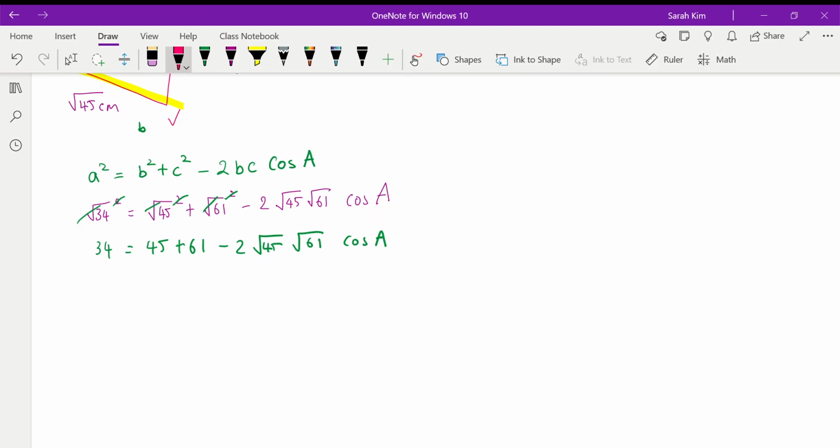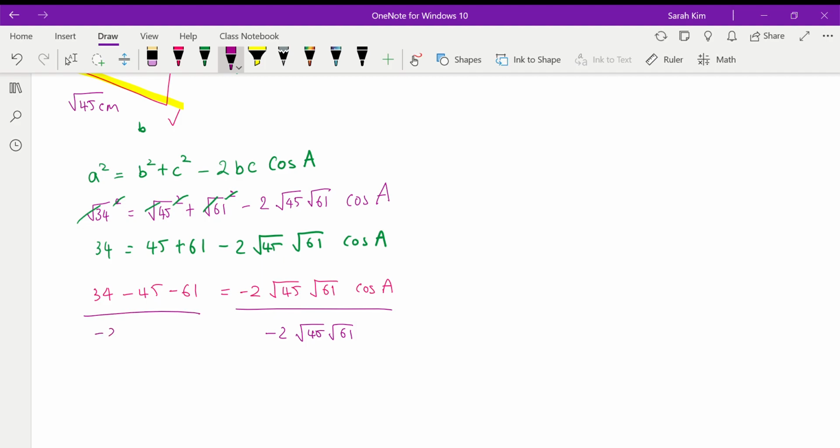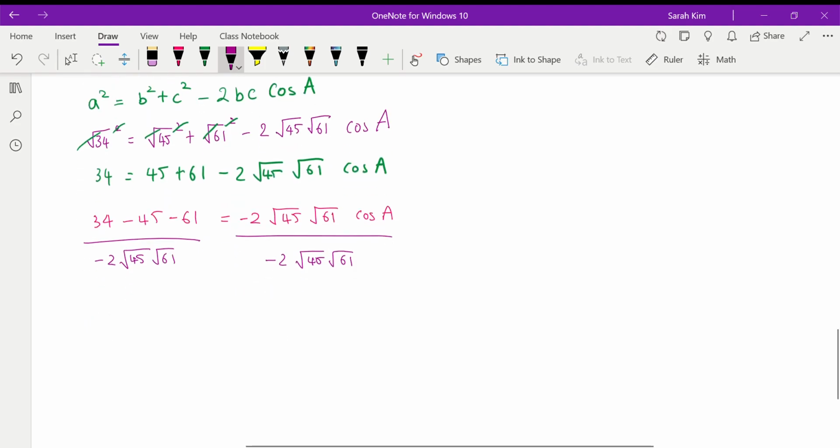So if I move all of these to the other side, I get 34 take 45 take 61 equals minus 2, 45, 61 cos A. And then I might just get rid of minus 2 square root 45 square root 61. If you're not following, just go back and use the angle equation and you should be able to get your answer pretty straightforward.